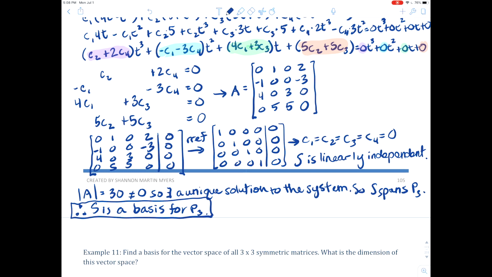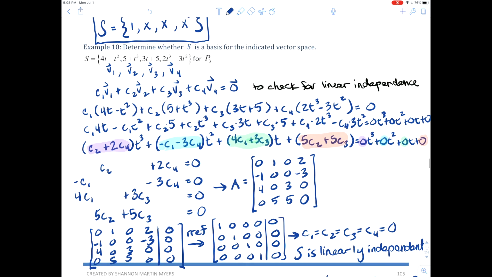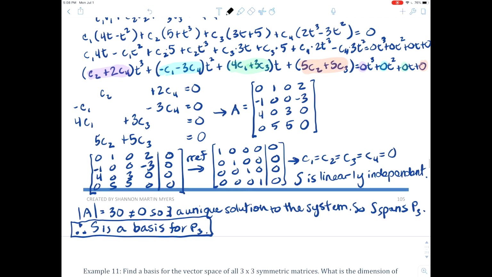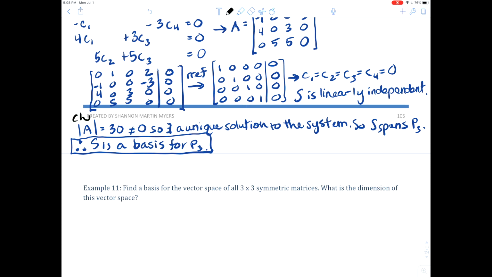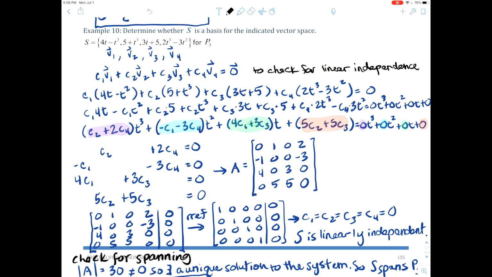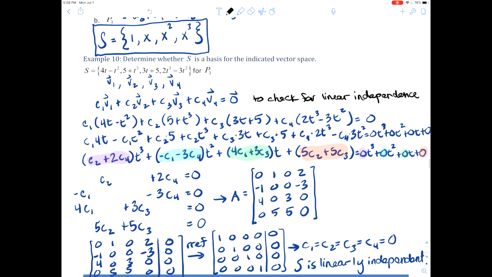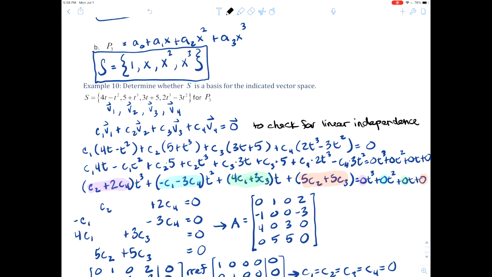Now, just so you can note, this part here was checked for spanning. Just a note though, there were 4 vectors in the set S, and there's 4 vectors in the standard basis for P3.